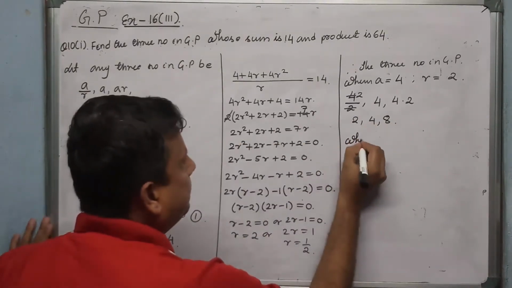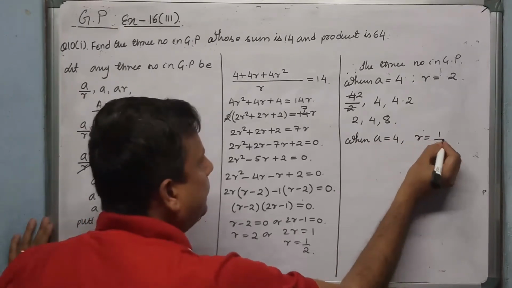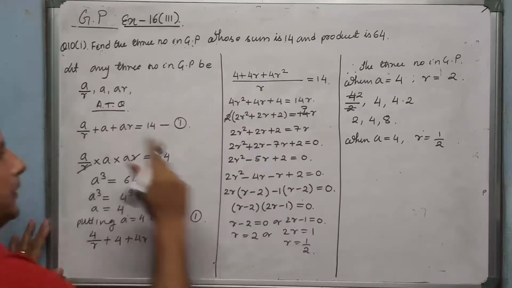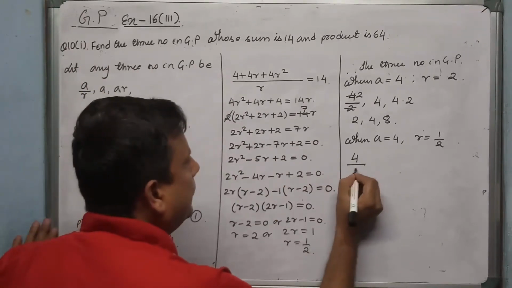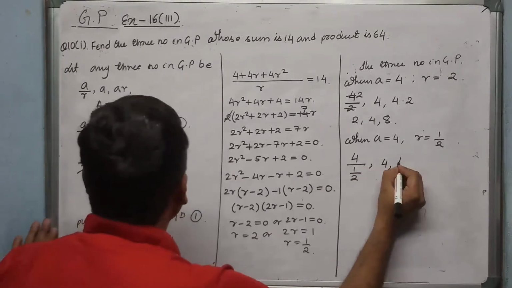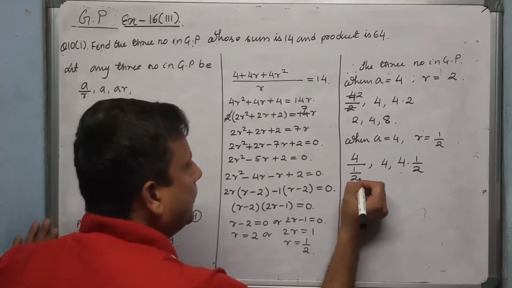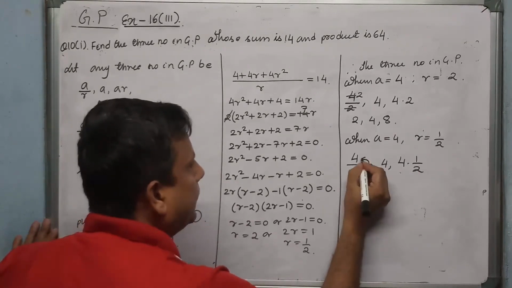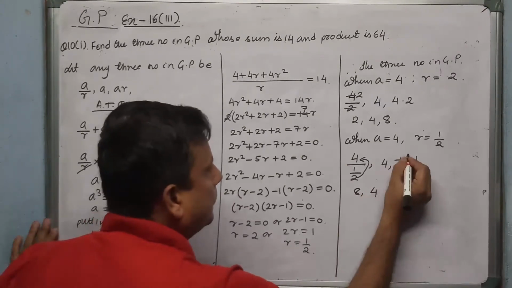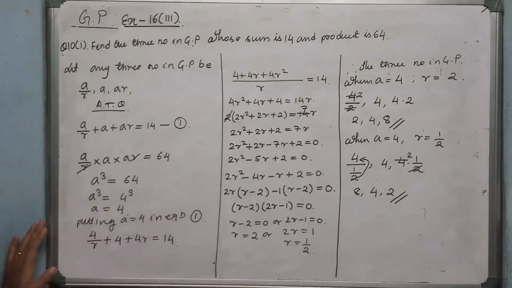Again, when A is equal to 4 and R is equal to 1 by 2, another value of R, the same thing you have to substitute over here. 4 divided by 1 by 2, 4, 4 into 1 by 2: 8, 4, 2. These are the three numbers which are in GP.